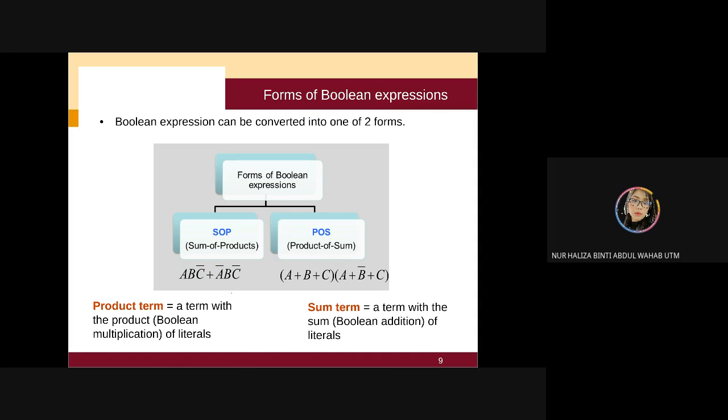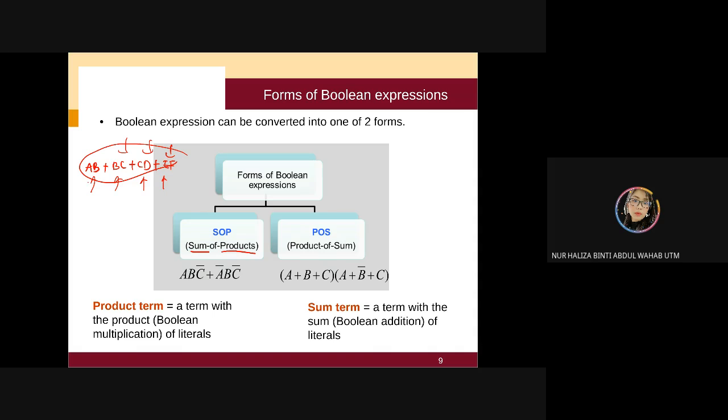But when you have like 3 products, 4 products, and so on, you're going to have another plus. Let's say you have AB as product 1, you sum with BC, another product, you have CD, you have another EF, let's say. So this is all your product and you're going to sum. That's why it is sum of product.